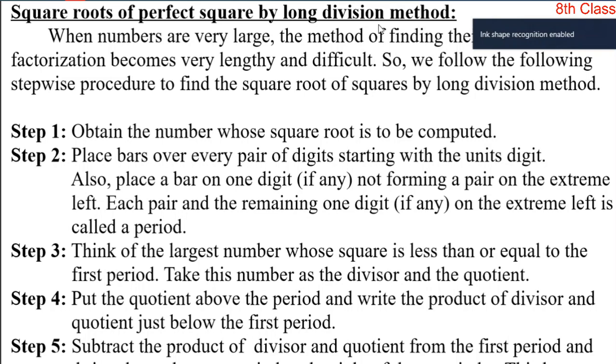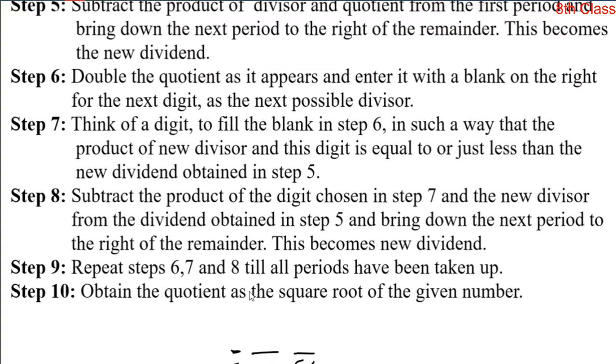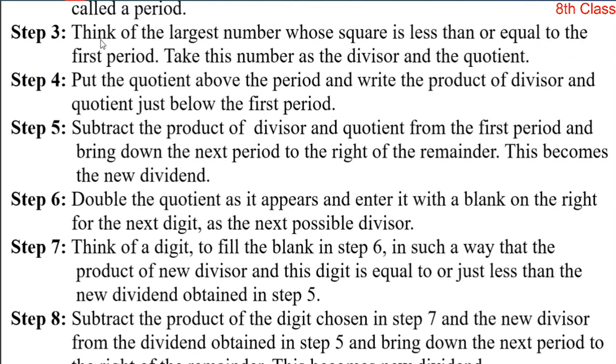Division means we have a dividend, a divisor, a quotient and a remainder. Here also in this division method we have divisor, dividend and quotient. The given number is the dividend, and the divisor we take as the largest number whose square is less than or equal to the first period, taking this number as the divisor and the quotient.